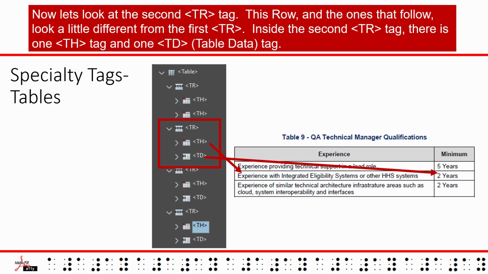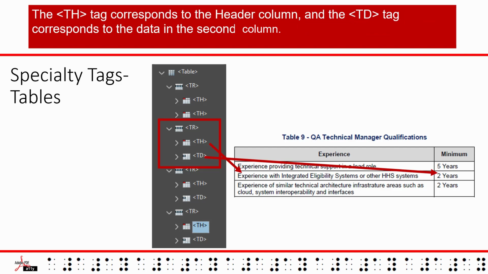Inside the second TR tag, there is one TH tag and one TD, table data tag. The TH tag corresponds to the header column, and the TD tag corresponds to the data in the second column.